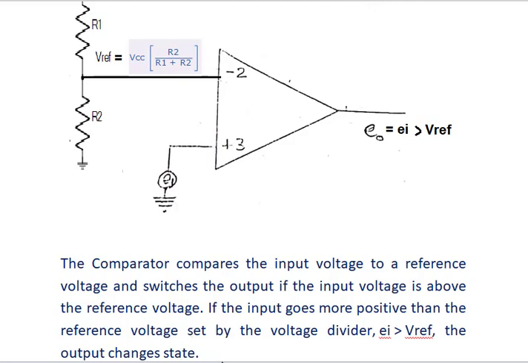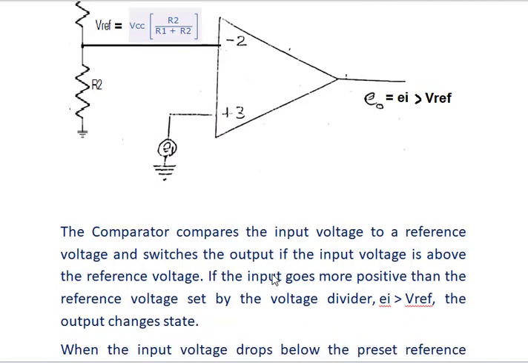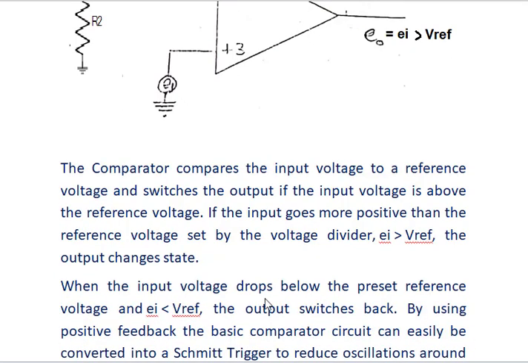The voltage divider is made up of the resistors R1 and R2. If E input is greater than the reference voltage, the output changes its state. Otherwise, it remains idle. When the input voltage drops below the reference voltage, that is, E input is less than V reference, the output switches back.